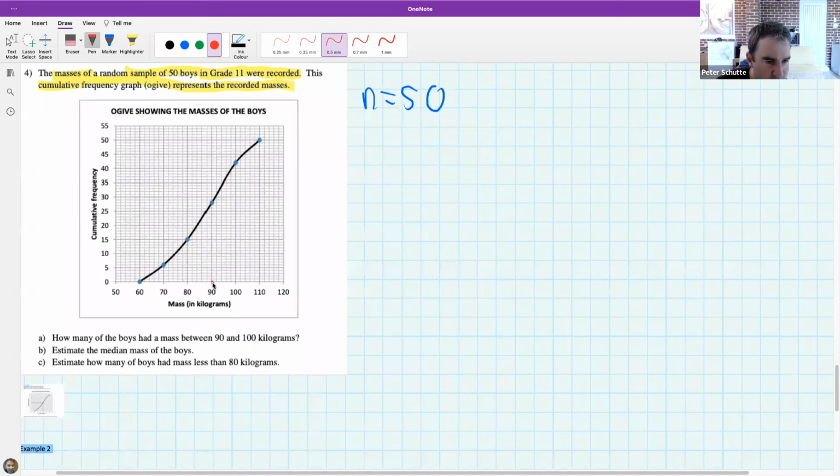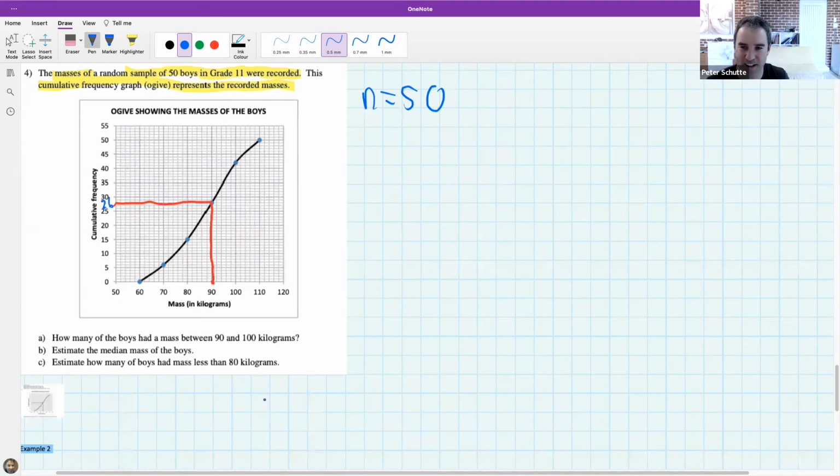And so where is 90? It's over here. Now, what is it telling me when 90 over here is in line? It looks to me like it's in line with 26 over here. What does it mean if 90 is in line with 26?